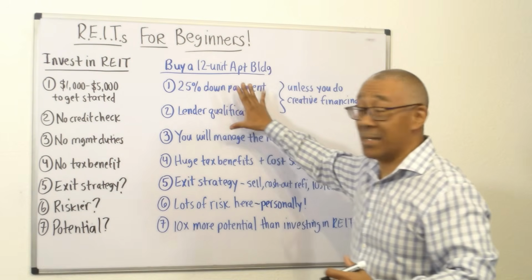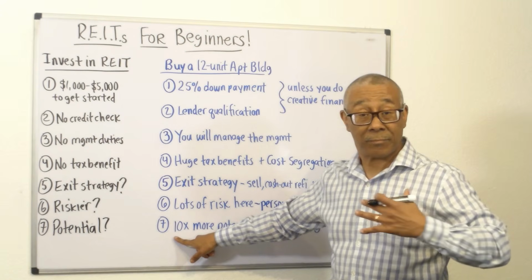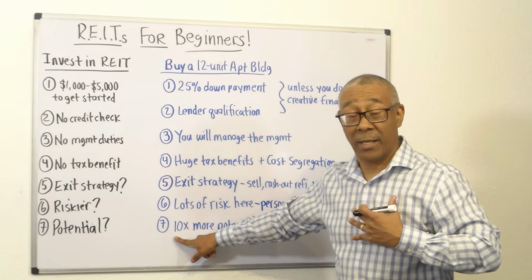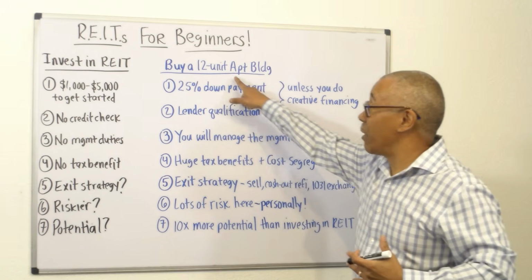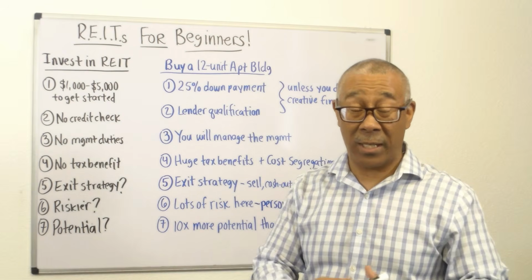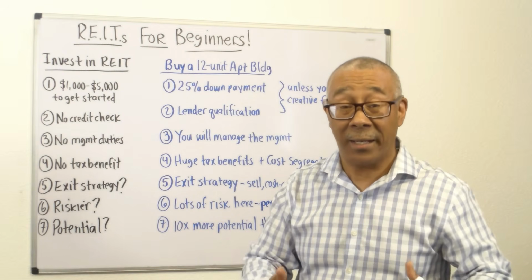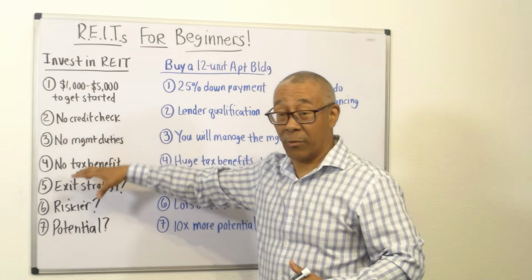What is the potential on this side? Because of personal experience, you can get even up to 100% return on your 12-unit apartment building. Some of our students have done that. It took them 3 or 4 years, but they've done it. You can't do that over here, because over here you don't own the property.